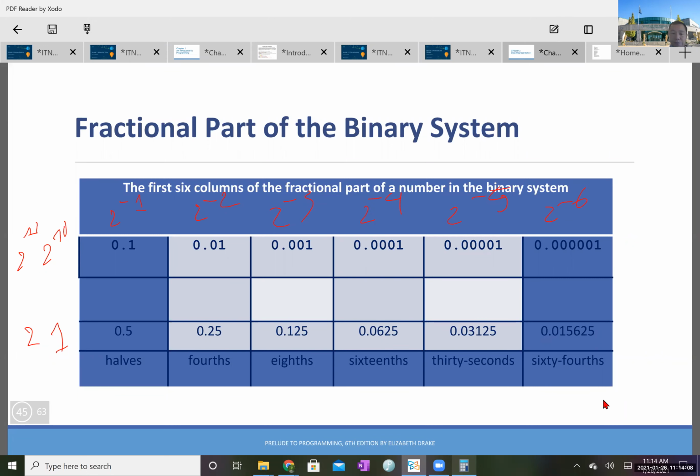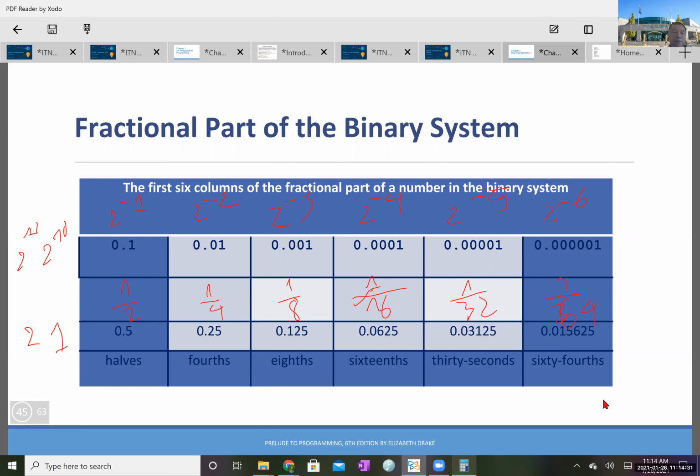So 2 raised to minus 1 is 1 over 2, this one is 1 over 4, this one is 1 over 8, this one is 1 over 16, this one is 1 over 32, and this one is 1 over 64.